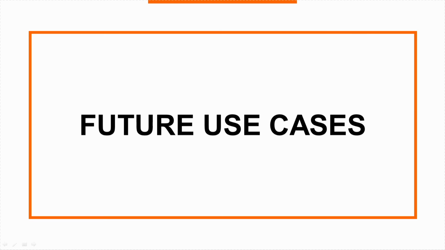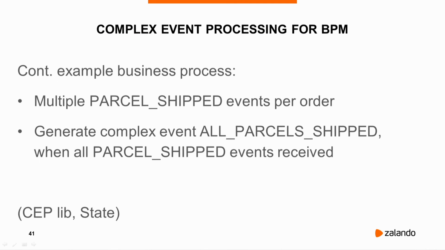Now let's have a look at our future use cases. As I mentioned before, we have this use case with complex event processing. If you put an order in our shop and buy several items, it's not clear that all those items will be shipped in the same package.